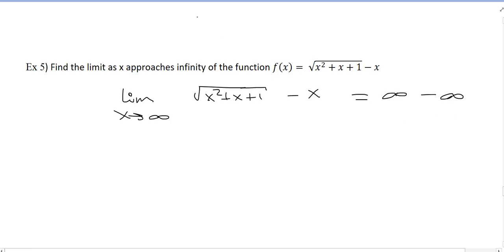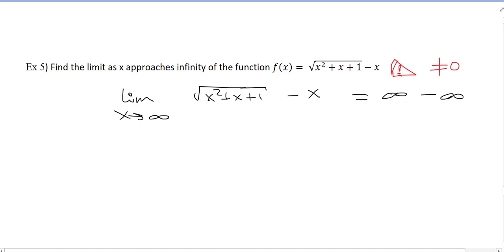The thing to be careful about here, my little warning, is that this is not necessarily 0. It could be, but it doesn't have to be. Infinity is not a number, right? Infinity is a concept indicating that numbers are going on forever. They're getting arbitrarily large. So how large?